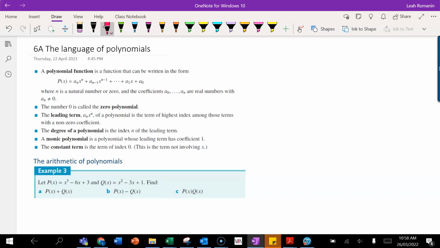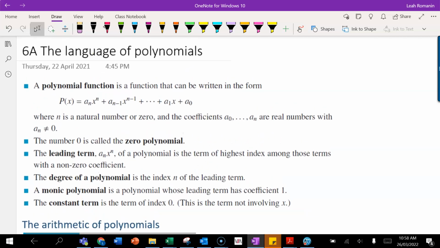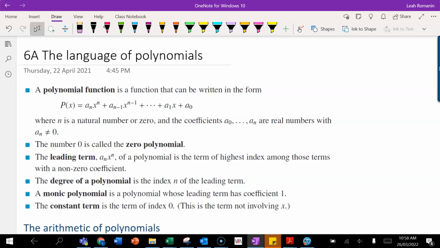So let's talk about polynomials, which is our new chapter that we're moving on to. So 6A, we're going to start with an overview, the language of polynomials. And we're looking at this kind of function here, which does look very complicated, but basically when we talk about polynomials, we're talking about something that has two or more terms, and they have different powers.